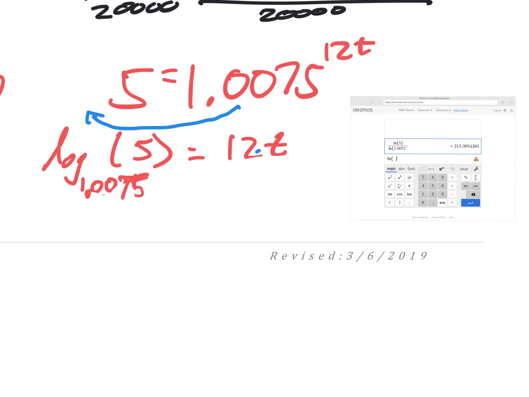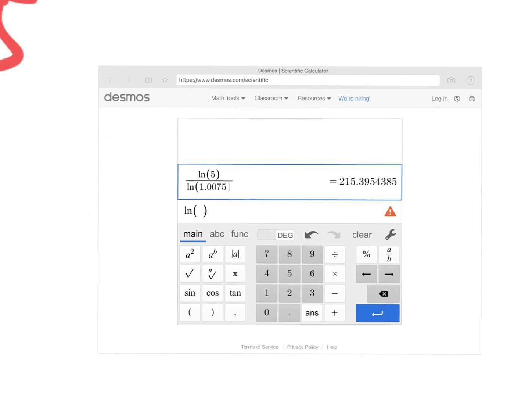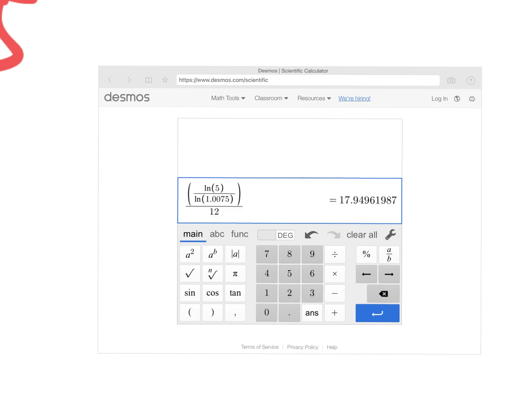And we want to take that whole thing and divide that by 12. An easy way to do this, if you're using your graphing calculator, is to hit enter and then use second answer. That's probably your easiest way. But here, we'll put this whole thing in parentheses and we'll divide by 12. And there we have it.